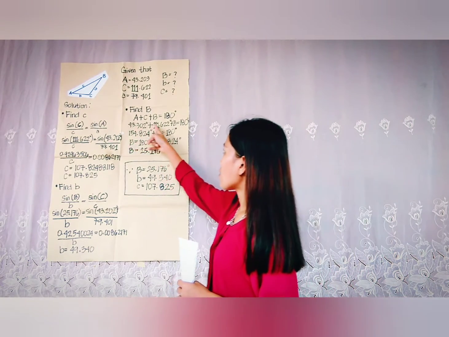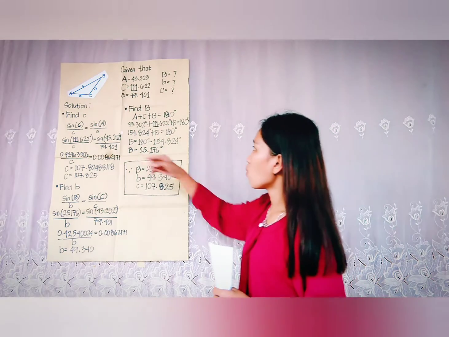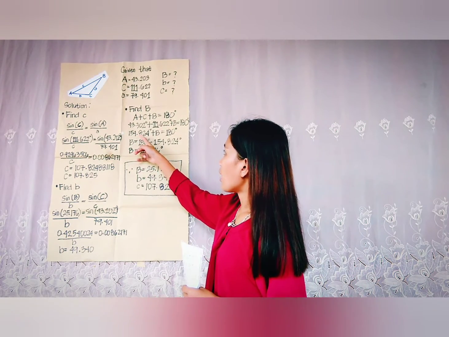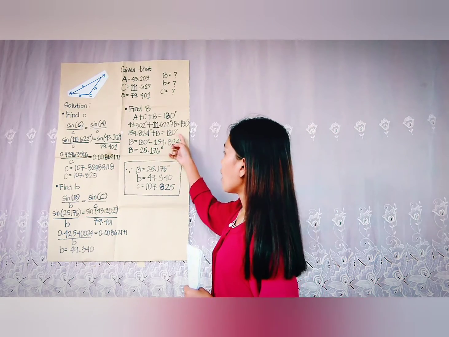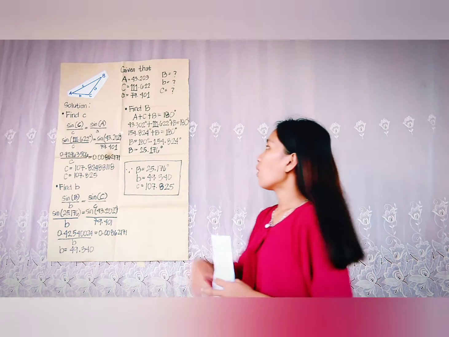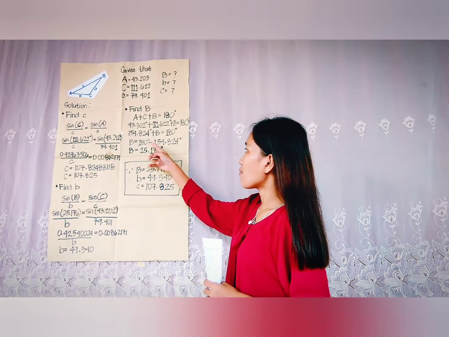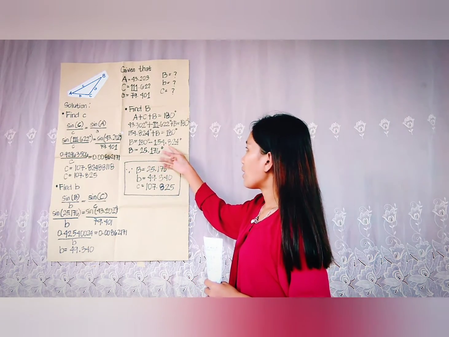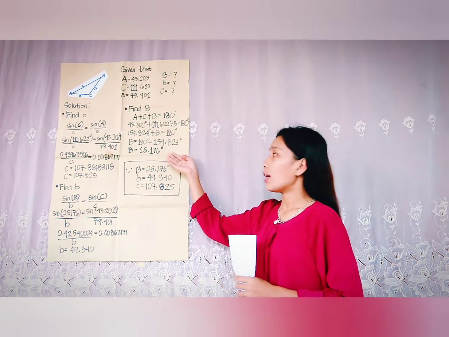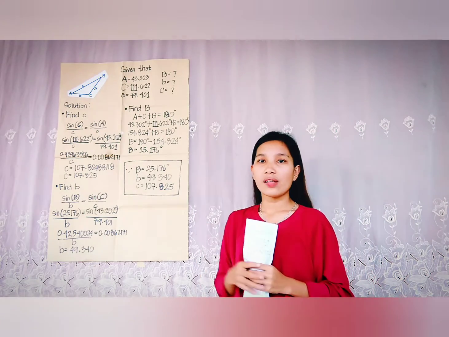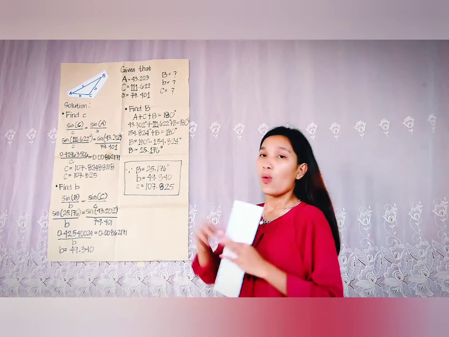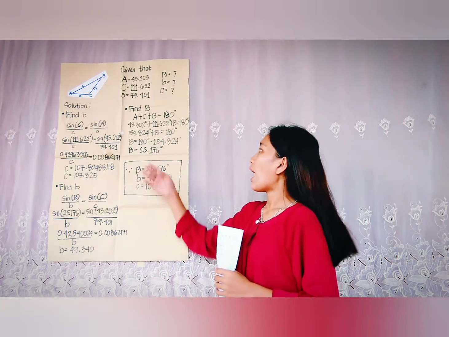Now let's add these two angles. So it is equal to 154.824 plus B is equal to 180 degrees. Now B is equal to 180 degrees minus 154.824 degrees, which is equal to 25.176 degrees, which is our angle B.